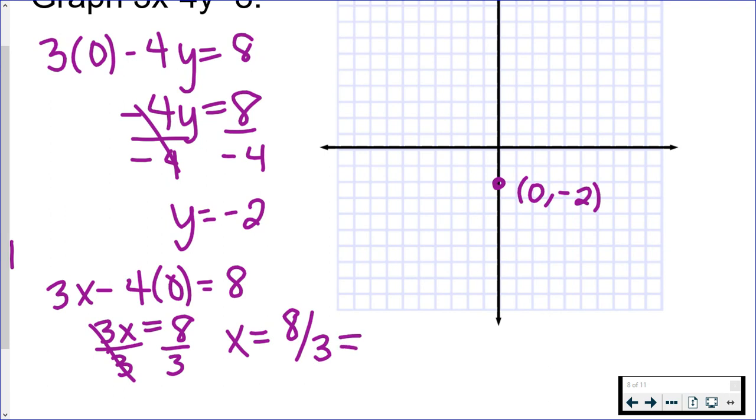So if you do end up dividing 8 over 3, it's 2.6 repeating. So the graph doesn't have to be perfect, but I'm going to put a point on the x-axis at around 2.7. So this time I got my x-intercept out of it because I plugged in y equals 0.